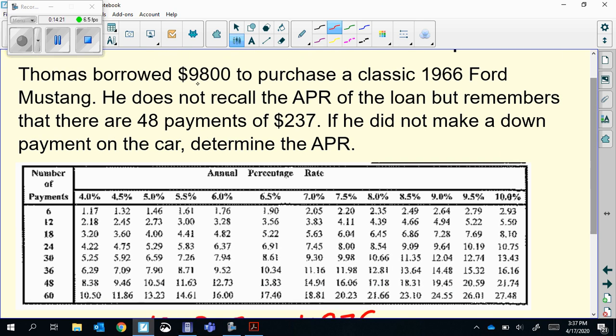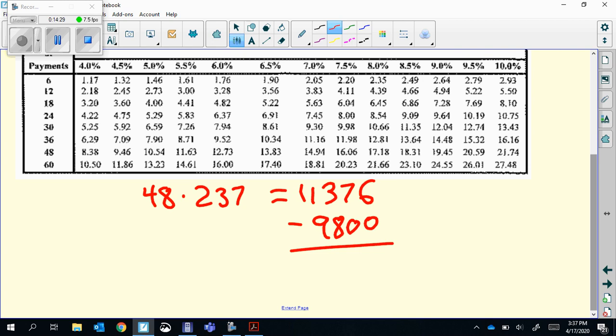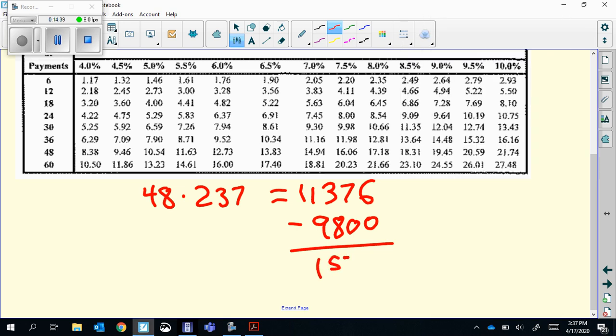He said he only borrowed $9,800, so we can subtract the $9,800, which means that the finance charges were $1,576.